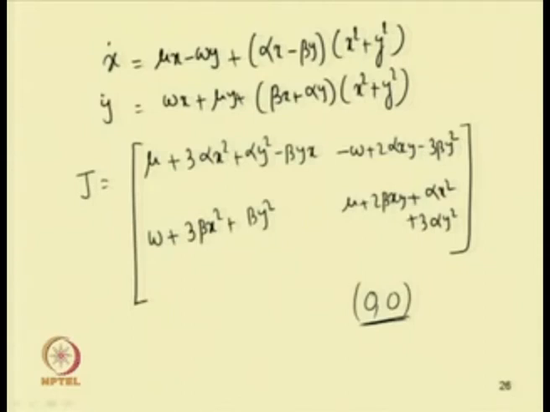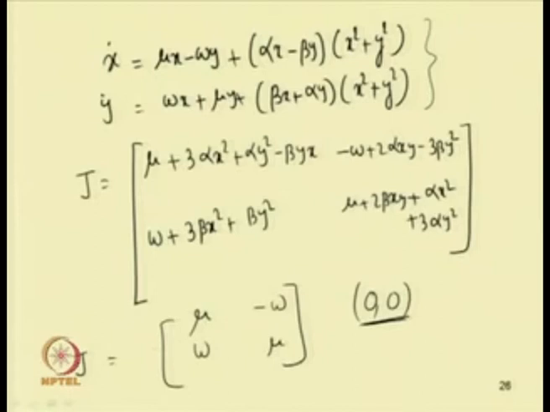So, these satisfy the first equation and also the second equation, so 0 0 is an equilibrium point. At this equilibrium point, the Jacobian matrix reduces to mu, minus omega, omega, mu. Now one has to find the eigenvalues.